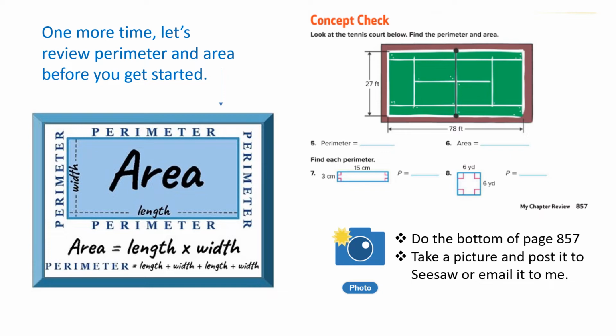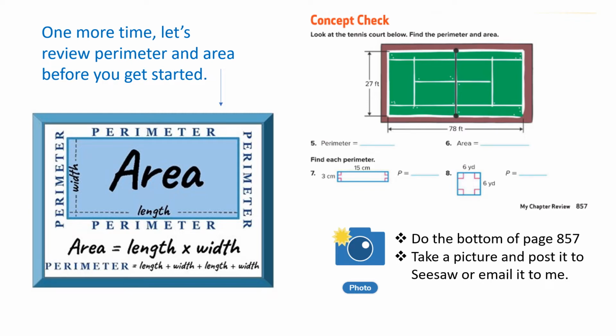To find the perimeter, you just add up the length and the width and the length and the width. And then to find the area, you take length times the width.